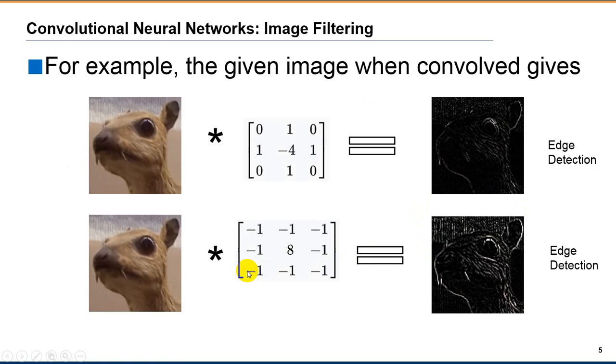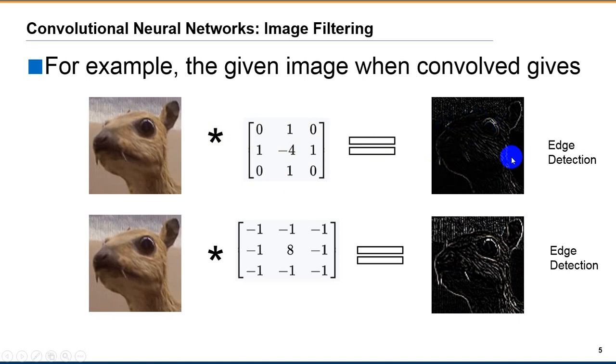Similarly, in this image we have some sort of circular edges, so we have a filter with an average of 0, and it is convolved with the input image, and it is also giving us some sort of edges, which are central edges.